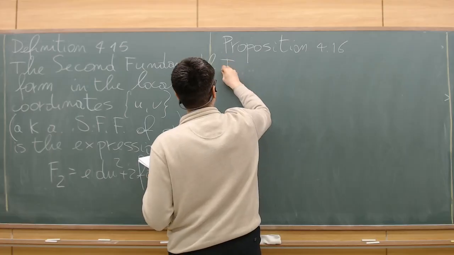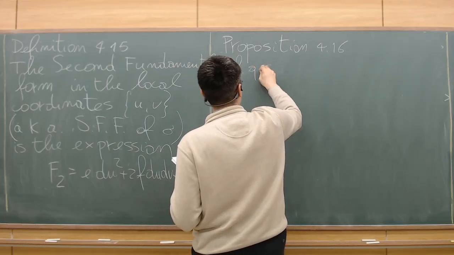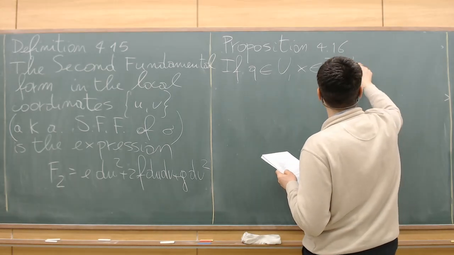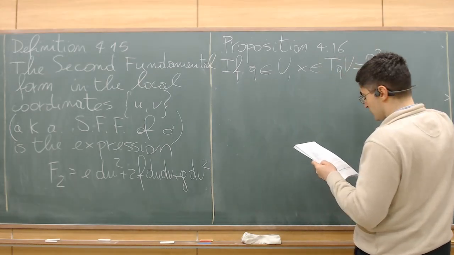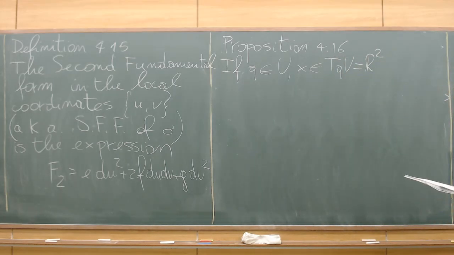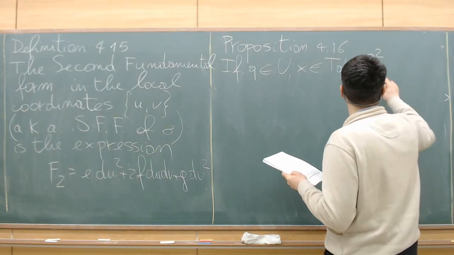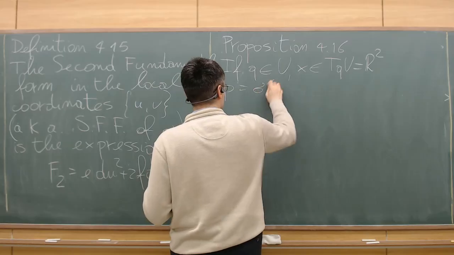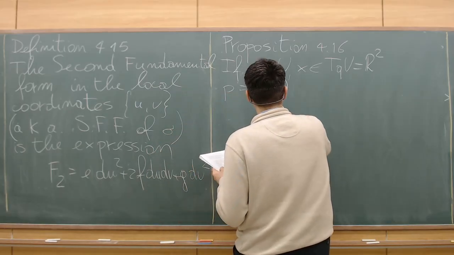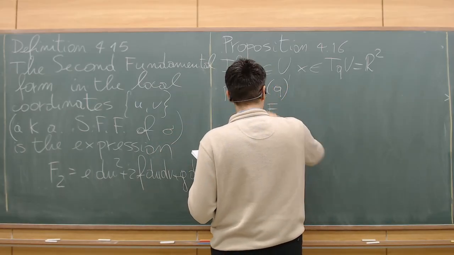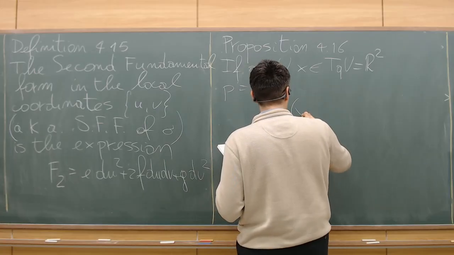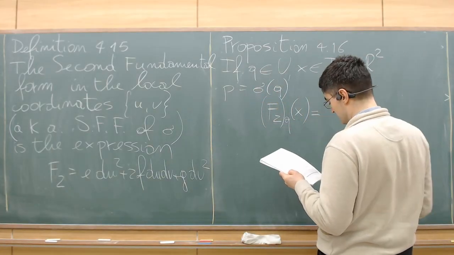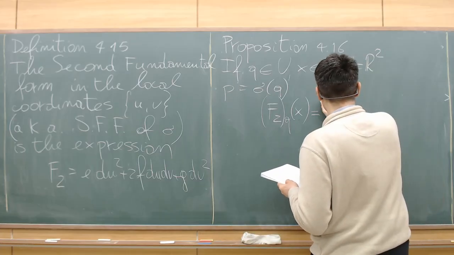So if Q is a point of U, X is a vector in TQU which can be identified with R2, and P is sigma Q, then we have that F2 at point Q evaluated at X is the following thing.